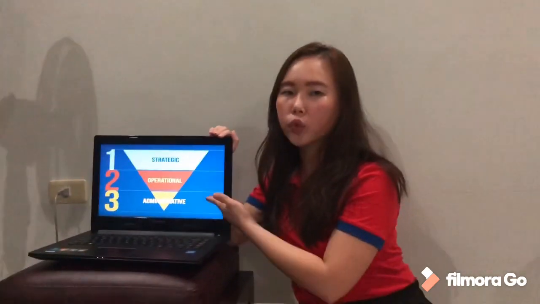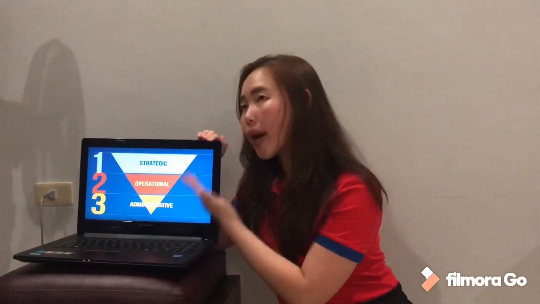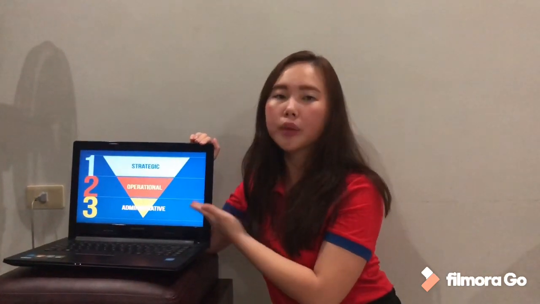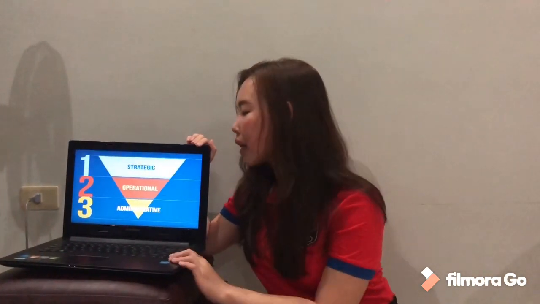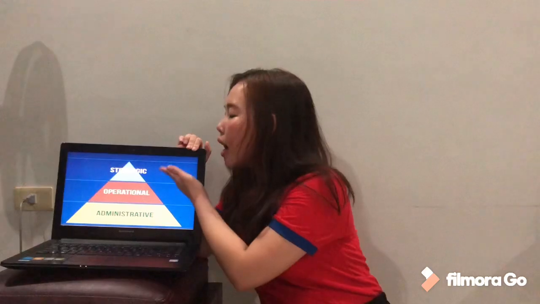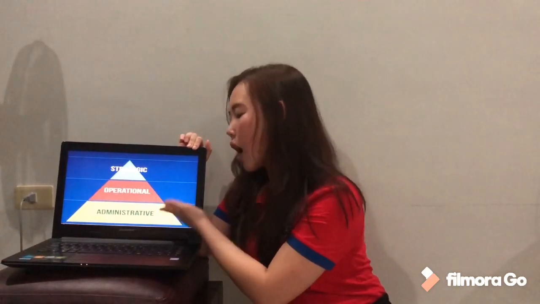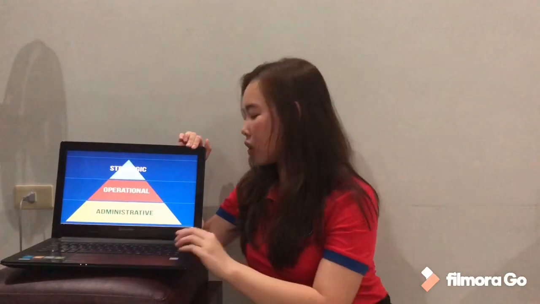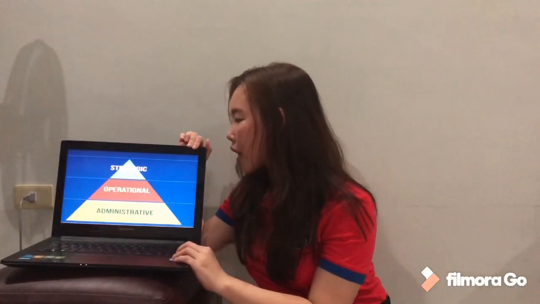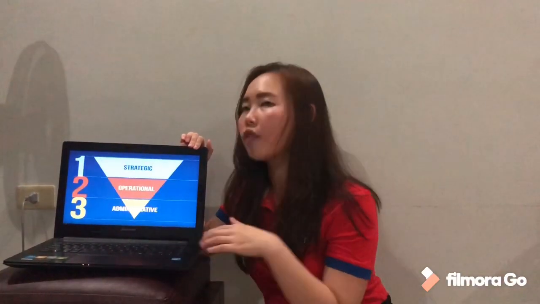As we know, this is the present role or structure for human resource nowadays. In the past, the structure had the same roles: strategic, operational, and administrative. But based on those pictures, the first and the second have a different kind of triangle.